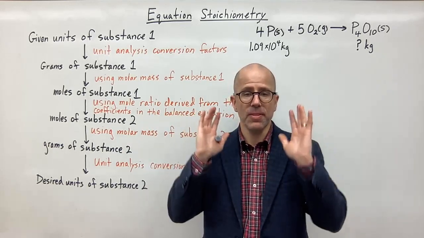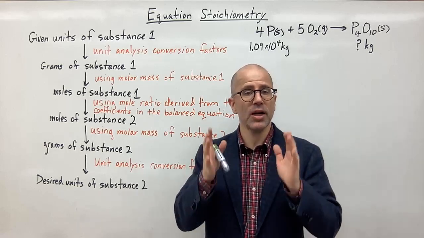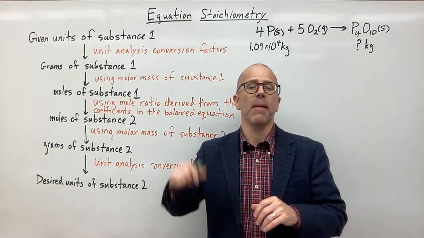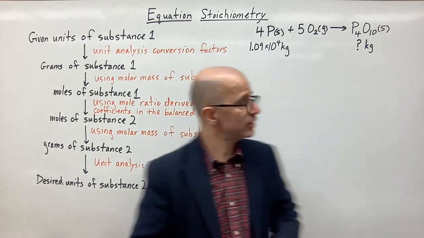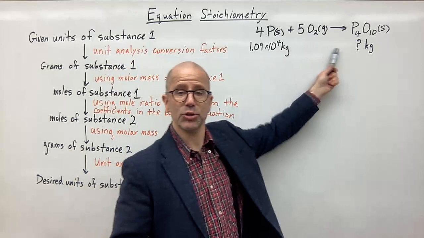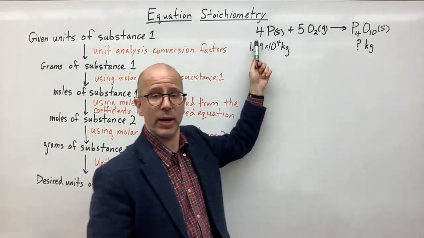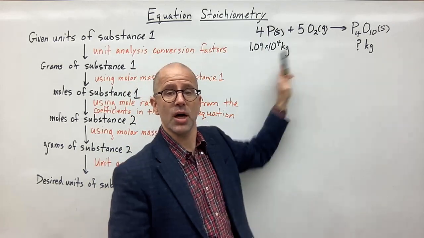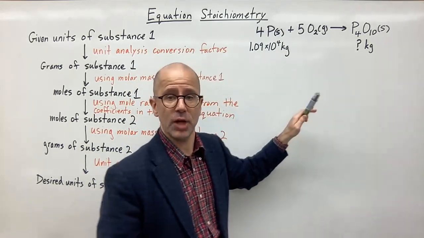So in that video, we talked about how you could use the formula to get your mole ratio. But in equation stoichiometry, you're going to use the balanced equation to get your mole ratio, right? If you remember, in a balanced equation, it's giving you the moles or molecules of one substance to another.